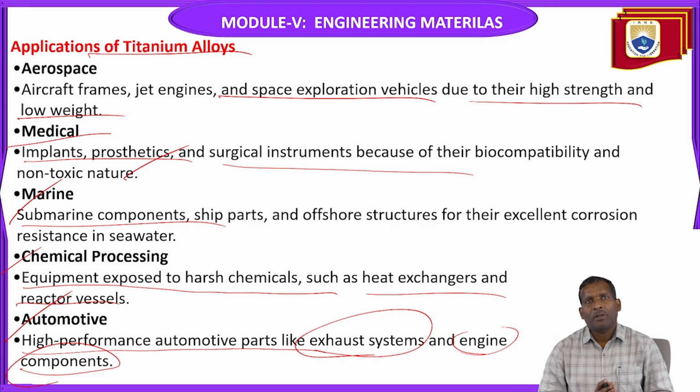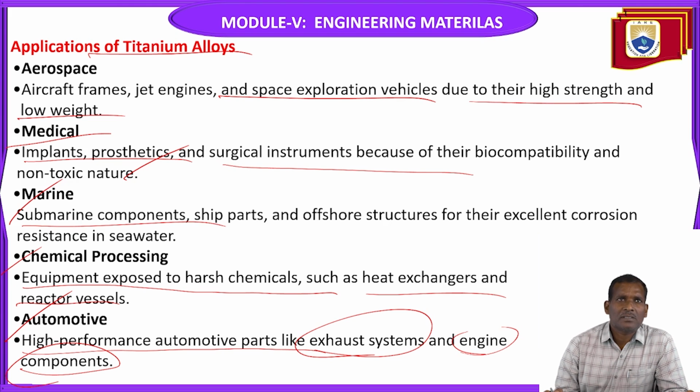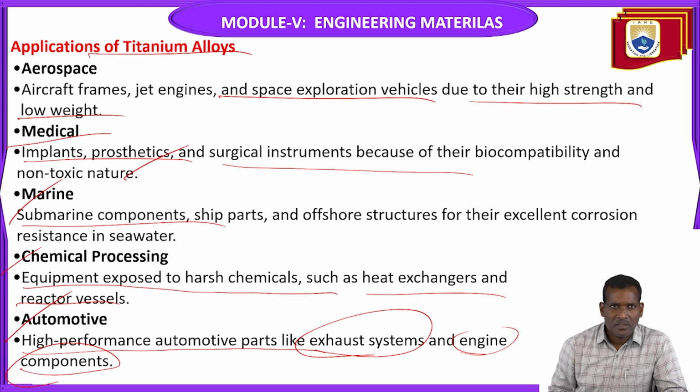So the titanium alloys are widely used in the aerospace and the medical sectors and marine and chemical processing and automotive due to their lightweight property, more strength, high resistance to corrosion and high resistance to elevated temperatures. In engine components, exhaust systems are having more temperature, so titanium alloys are used in this automotive. Similarly, in marine and aerospace also.